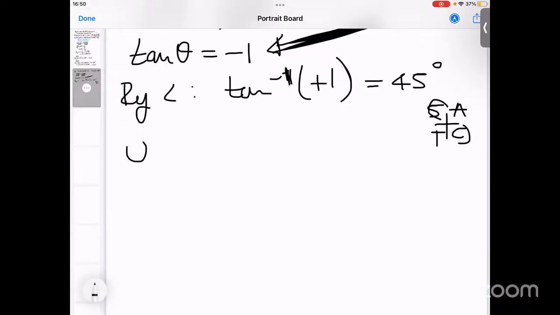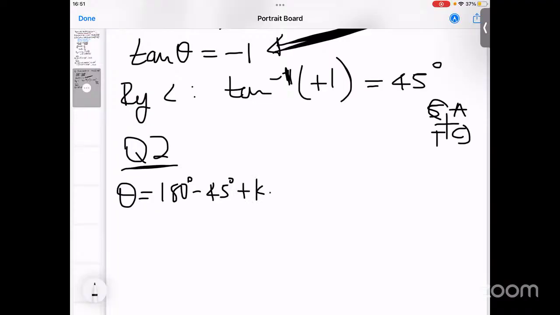Yes, so that means in quadrant number 2, we do know very well that in that quadrant, that's where we are going to be having our 180 minus. You minus it by what? By that acute reference angle, where you will remember to do this thing of 180 degrees.